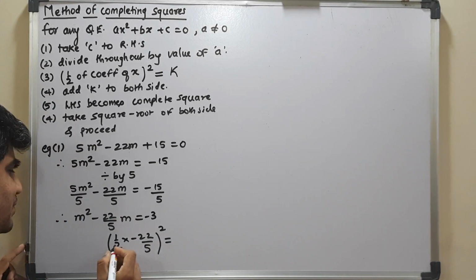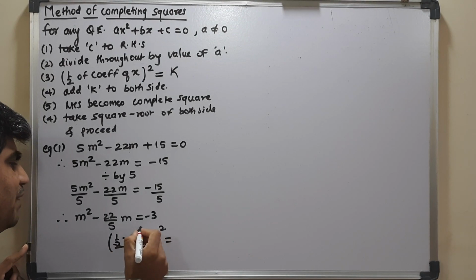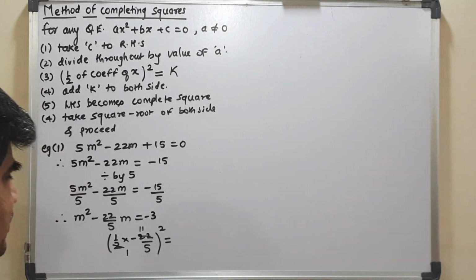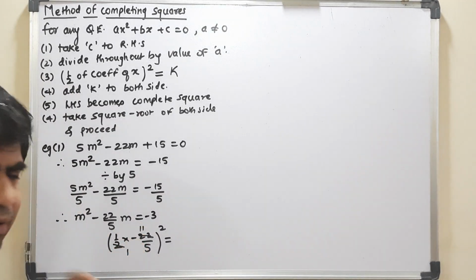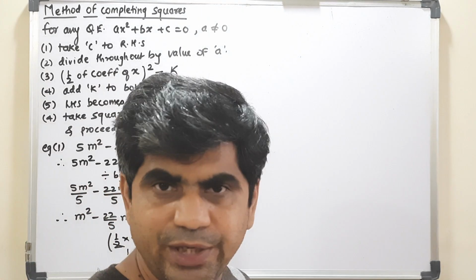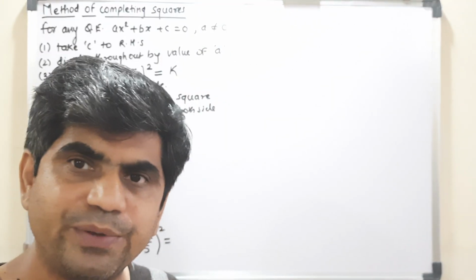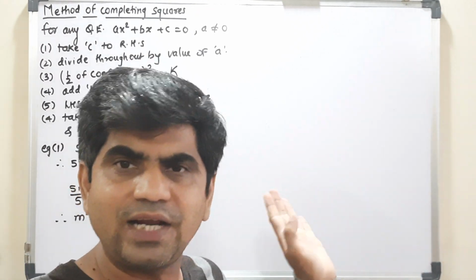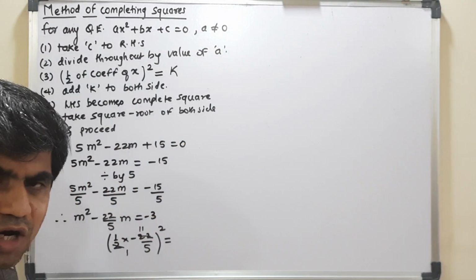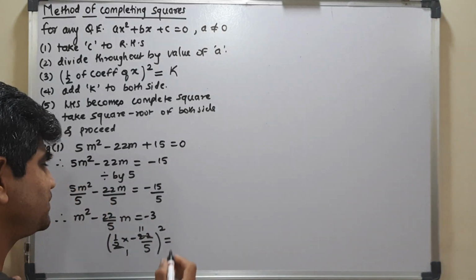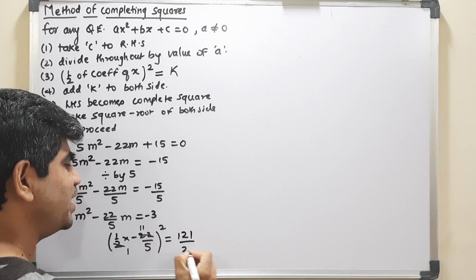So these two 11s, right? So you get here minus 11 by 5. The square of a negative term is going to become positive, because the square of every real number is always positive. So the minus is not going to matter at all. My 11 square will become 121 and 5 square is 25.